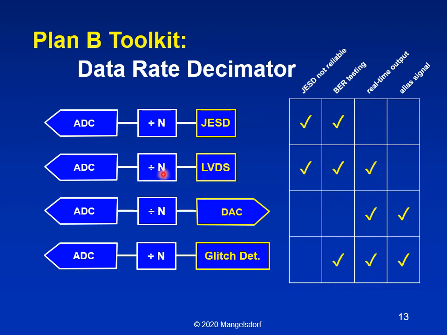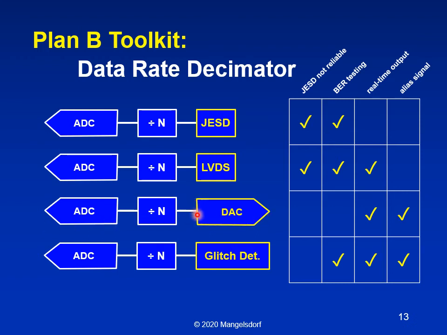So that's one way to use that. But having an additional set of outputs may not be an option because it takes a lot of pins. Another thing you can do, for example, is decimate the data and then pass it to a DAC to create an analog signal, so you basically reconstruct whatever the A to D is doing.